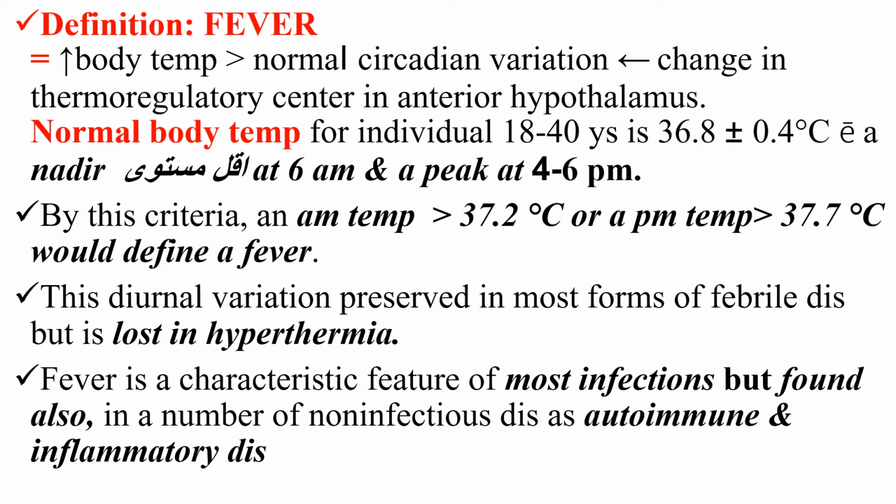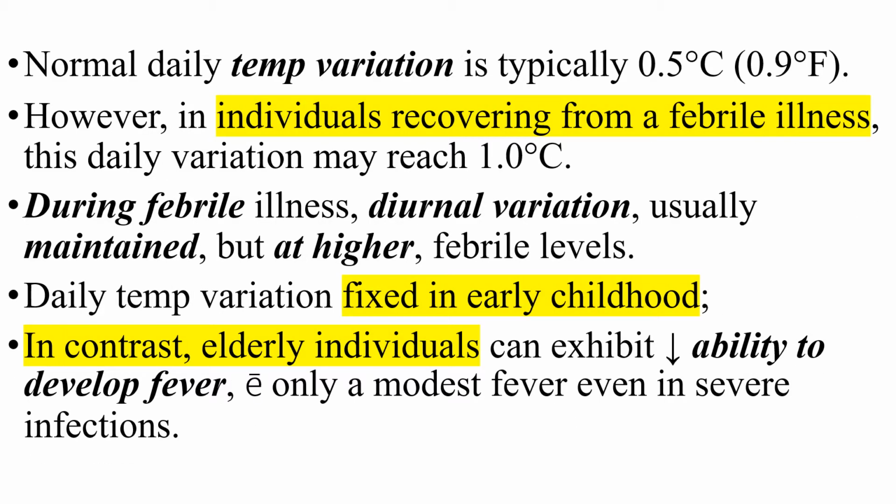Fever is a characteristic feature of most infections, but is found also in a number of non-infectious diseases, such as autoimmune and inflammatory disease. Normal daily temperature variation is typically about 0.5 degrees centigrade.